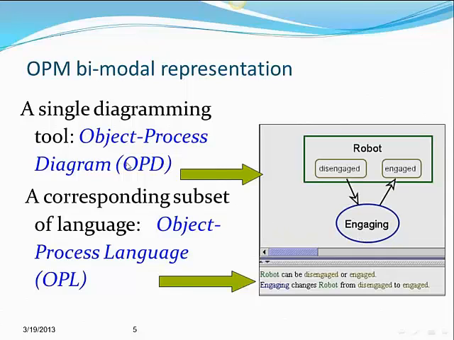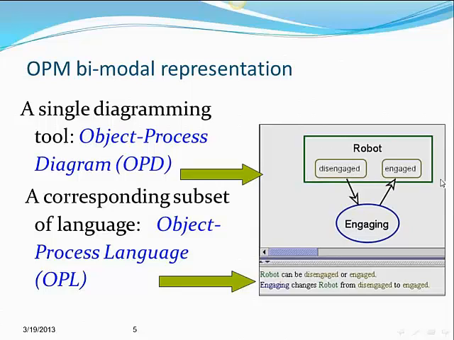So again, to summarize, OPM is a bimodal representation. One is graphical, a set of object process diagrams which look like this, and corresponding automatically generated sentences in OPL, which is a subset of English.